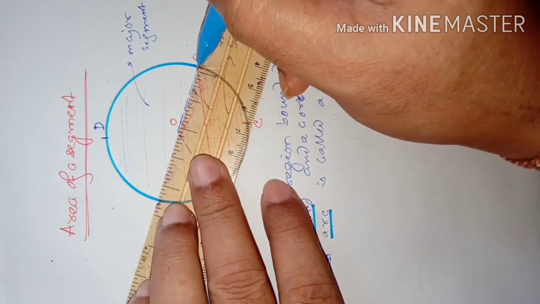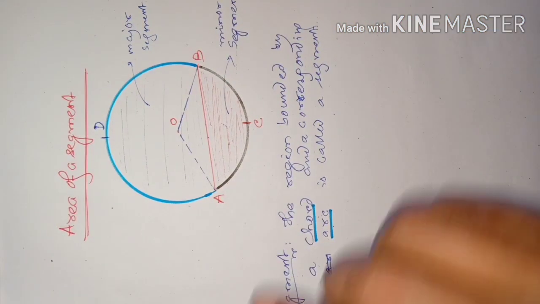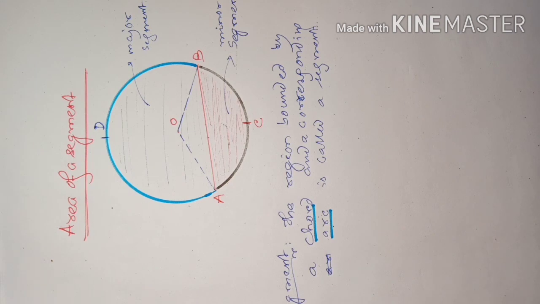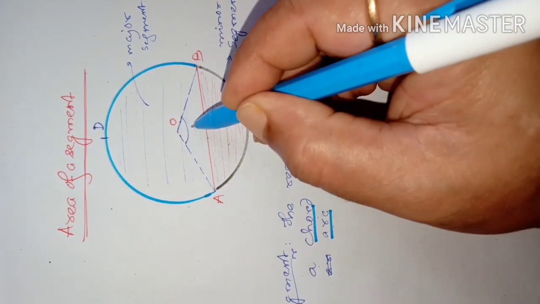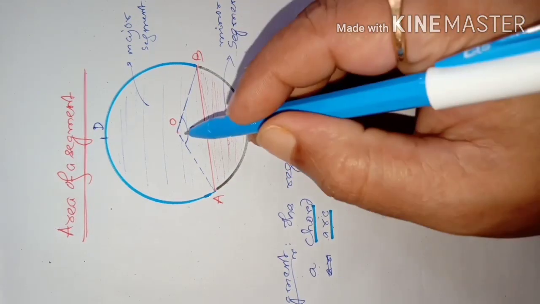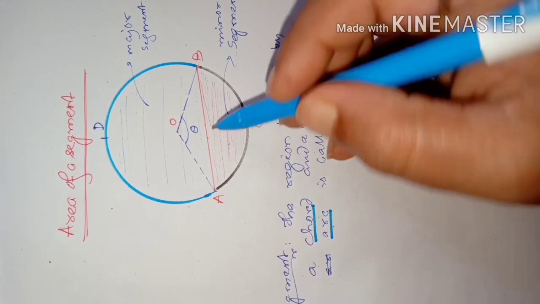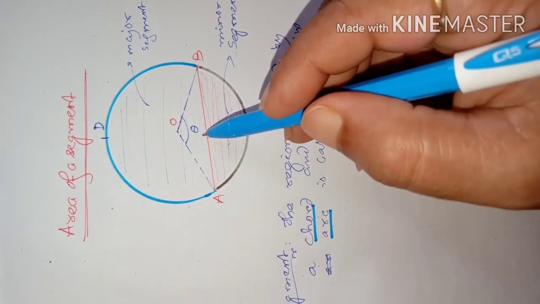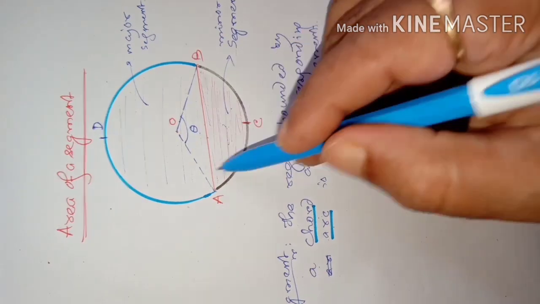Then I am getting a sector like this, with angle theta. Suppose this angle is theta. So OACB, this whole thing, has a triangle and a segment. Triangle and segment together make a sector.